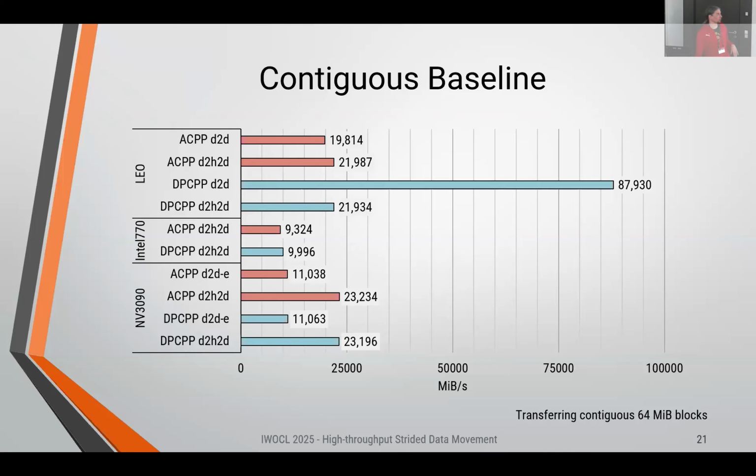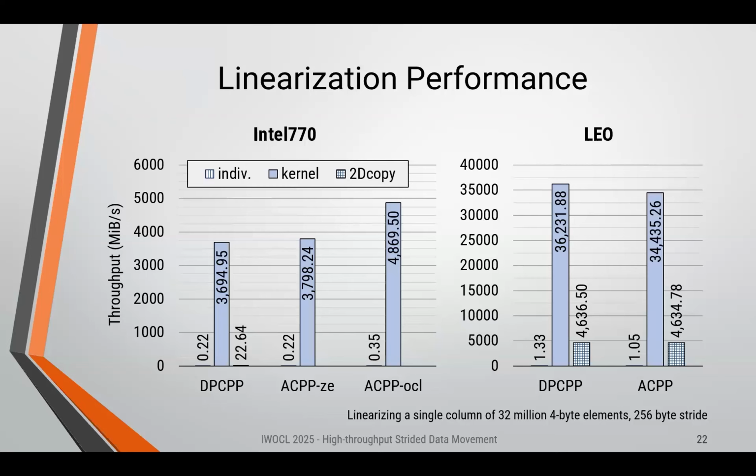Okay, but that's not the most interesting part. What we really care about is transferring strided data. To do so, as we see, we have to linearize. And to linearize, as these performance results show, we should be using a kernel. I mean, the only viable options are either using a 2D copy or using a kernel.